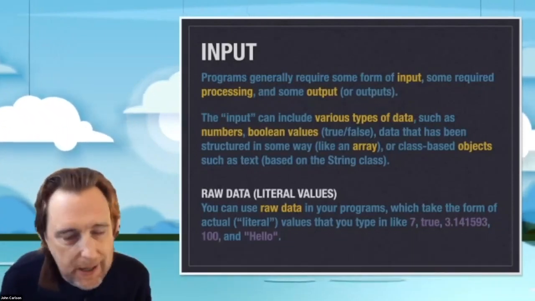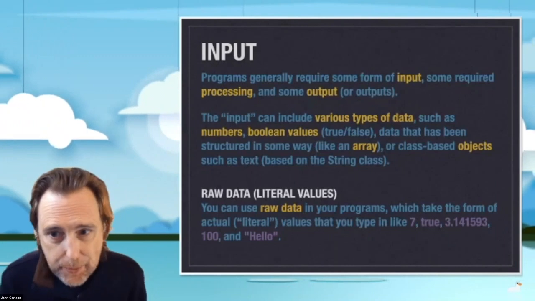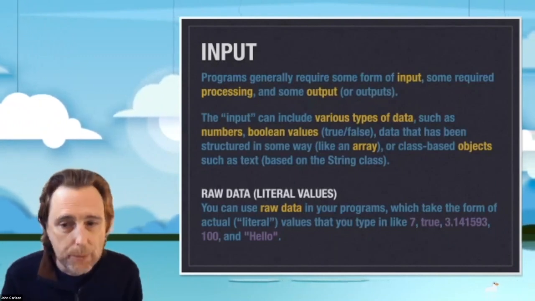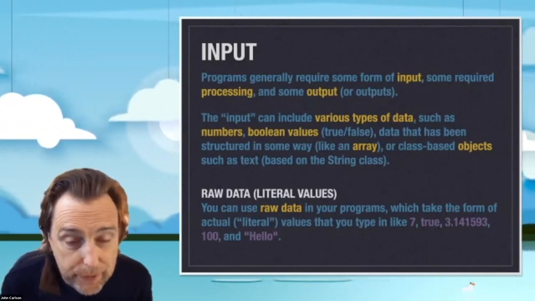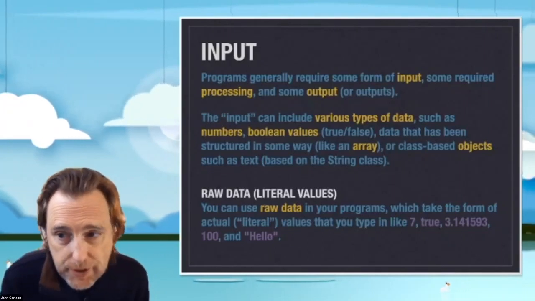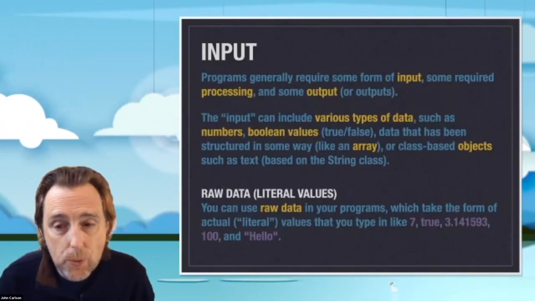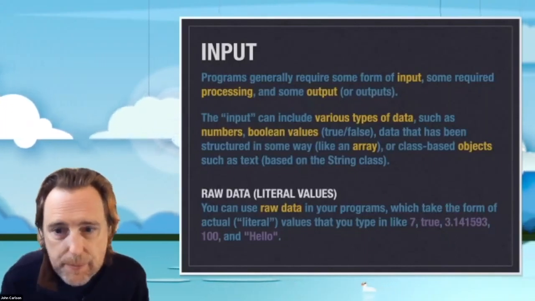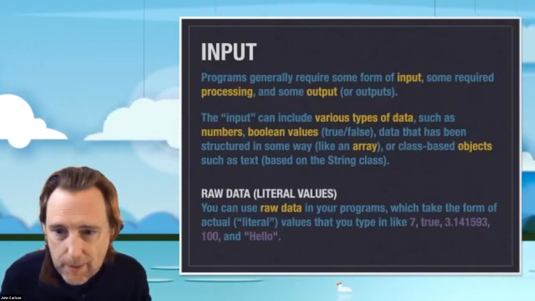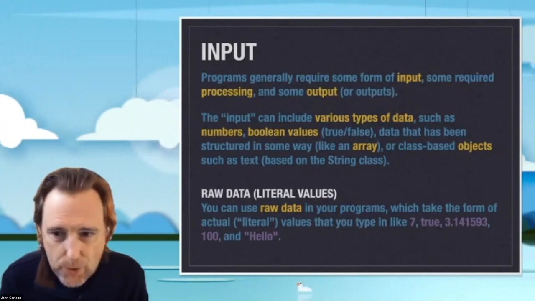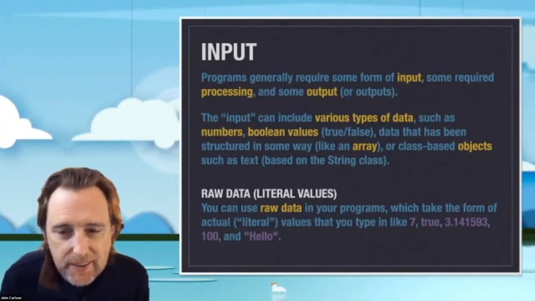So I think I just said this actually, but input can be various types of data: numbers, Boolean values, true or false, logical, data that's been structured into some sort of table or array, or reading in objects or table-based data.